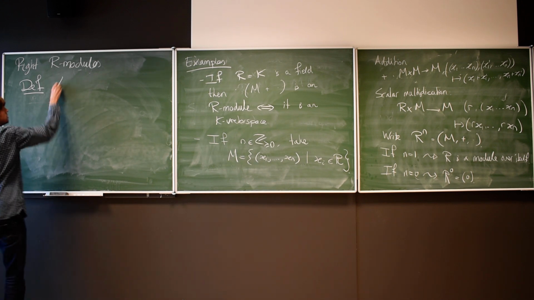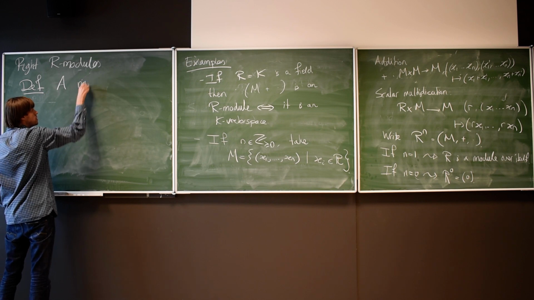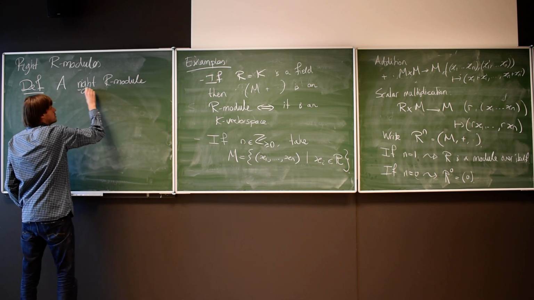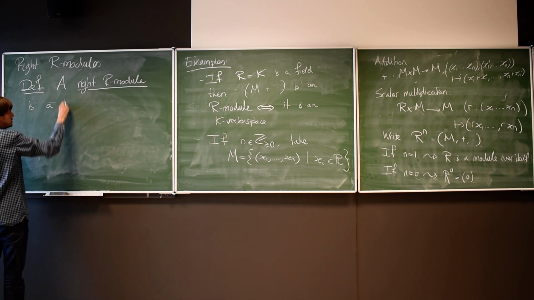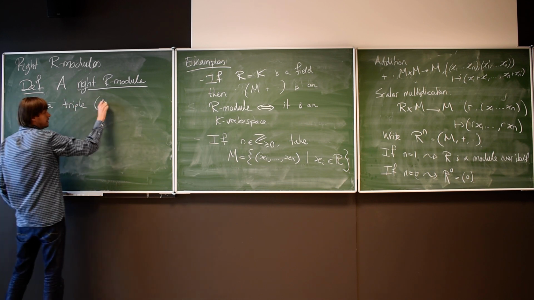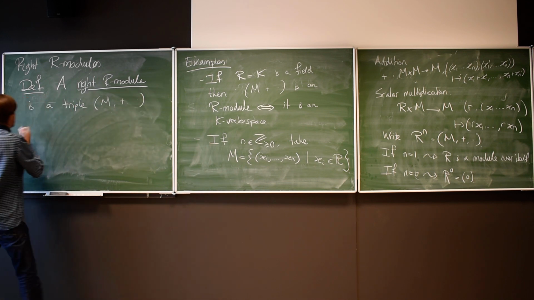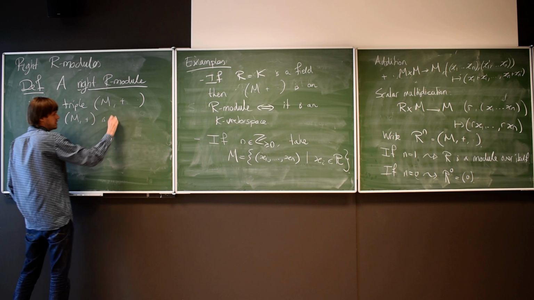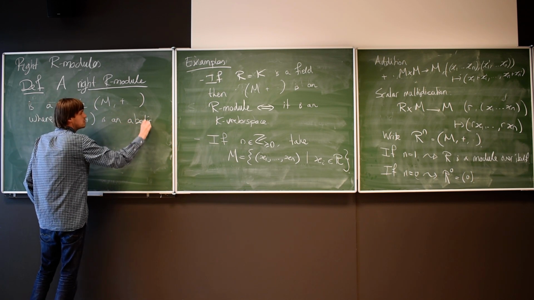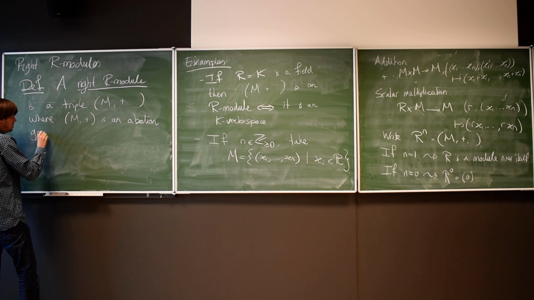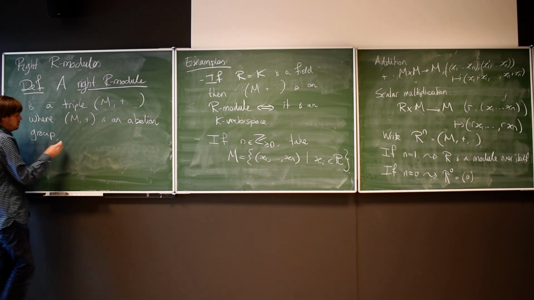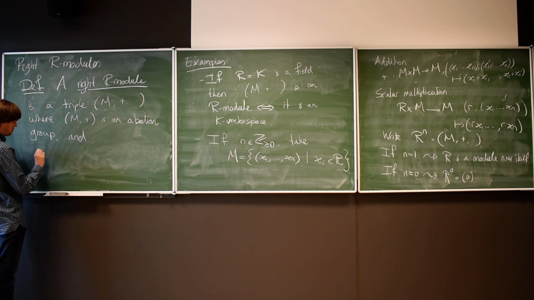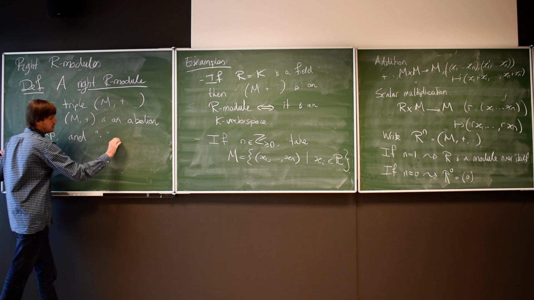So definition, a right R module is again a triple M, plus, dot, where M and plus is an abelian group, as before, and dot is a scalar multiplication. It's a map.